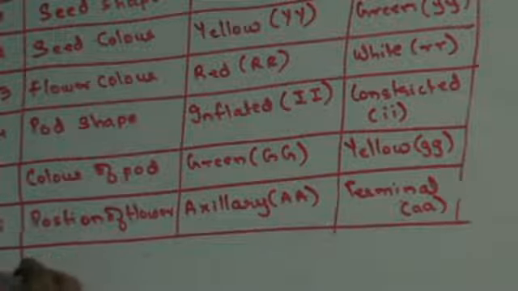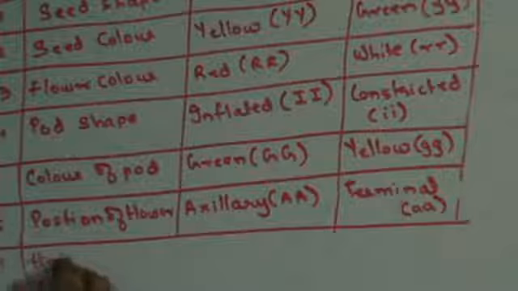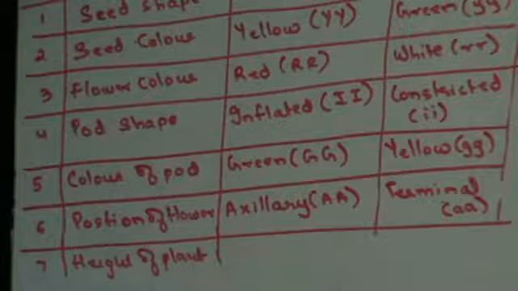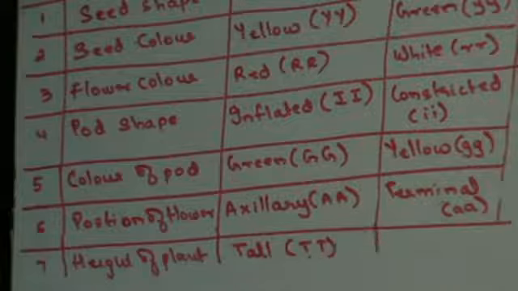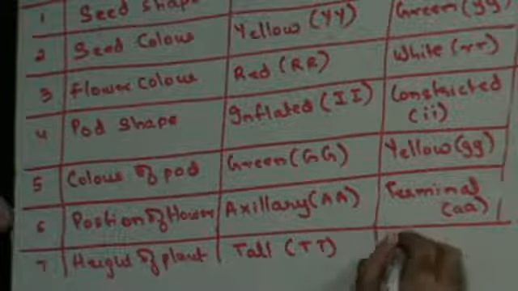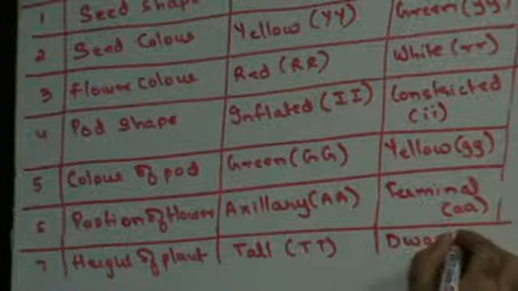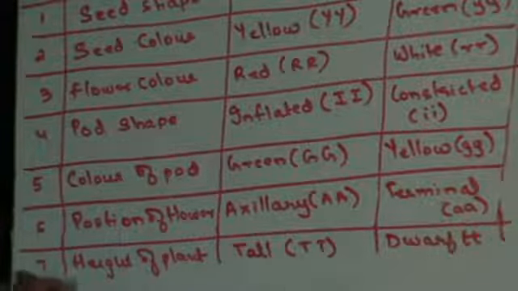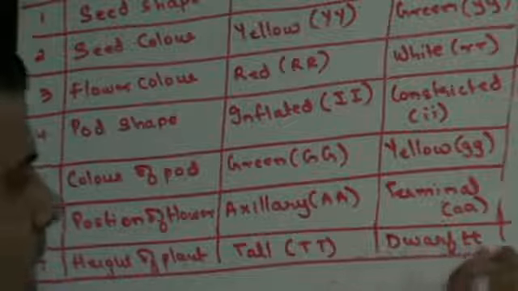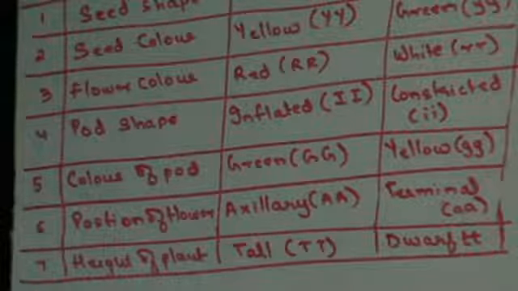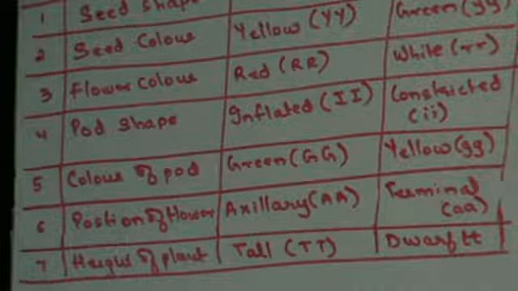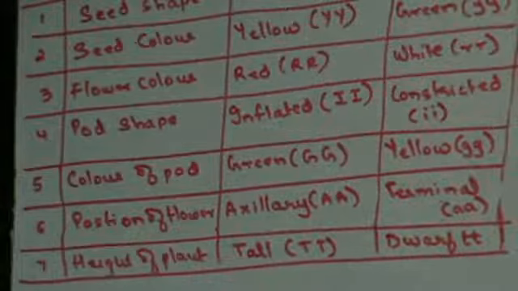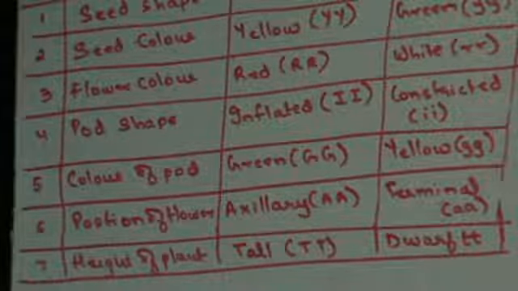And the next was height of the plant, which was tall, that is TT, and dwarf, that was small tt. So these were the 7 traits in the pea plant that were selected by Mendel. These were the traits that he selected for his experiment. Do we get this thing here? Next.